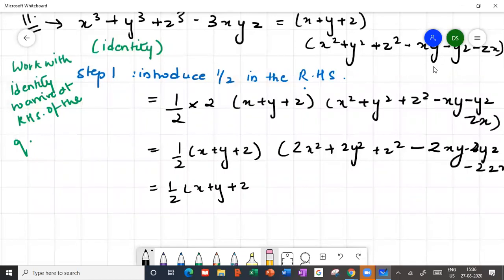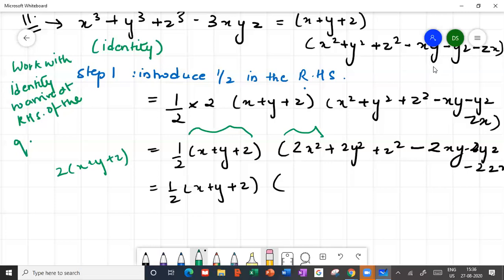But ma'am, how can you keep half for the first bracket and take 2 for the second bracket? You can, it's multiplication. If it was addition, then yes, I had to add everywhere or I couldn't do that. But it's multiplication, so if I multiply this bracket with this, I will get the same answer as if I multiply 2 into x plus y plus z into that bracket.